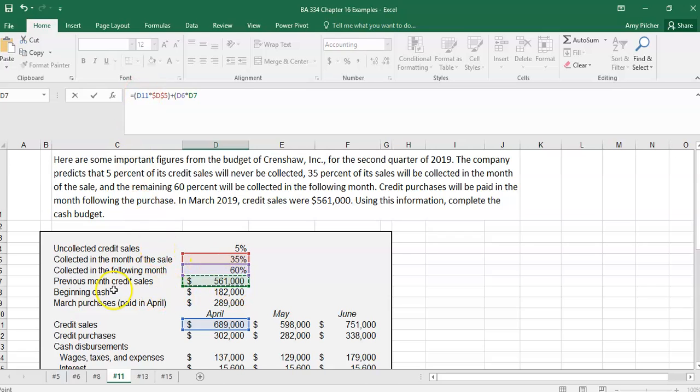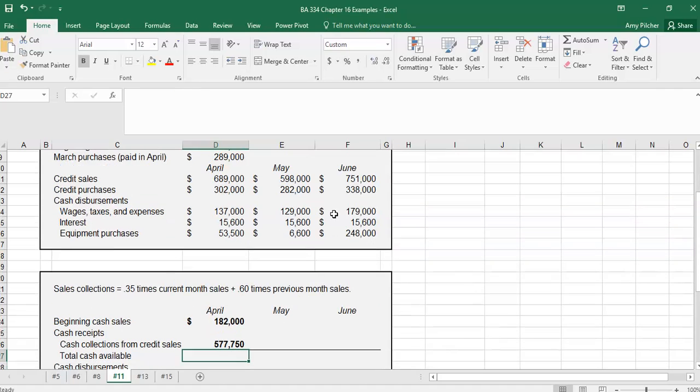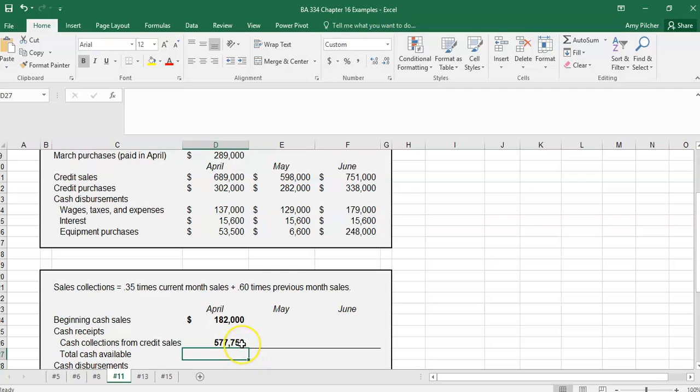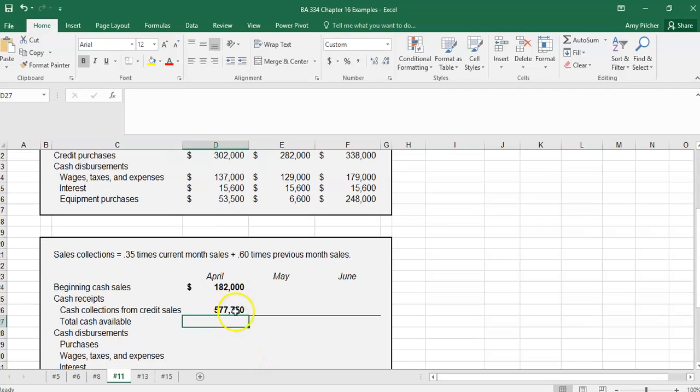Our previous credit sales were in March of 561,000. So that is our cash collections from sales. Our total cash available is the two of those added together.